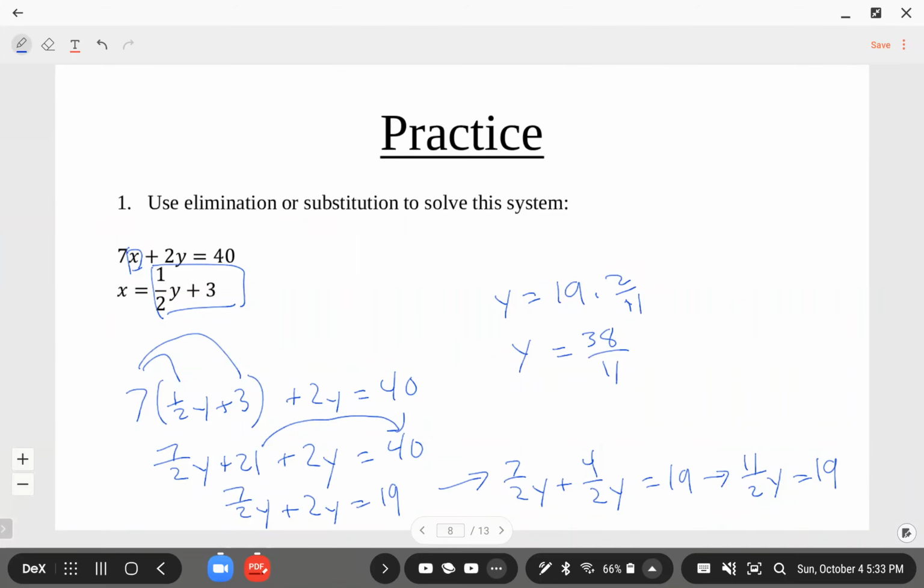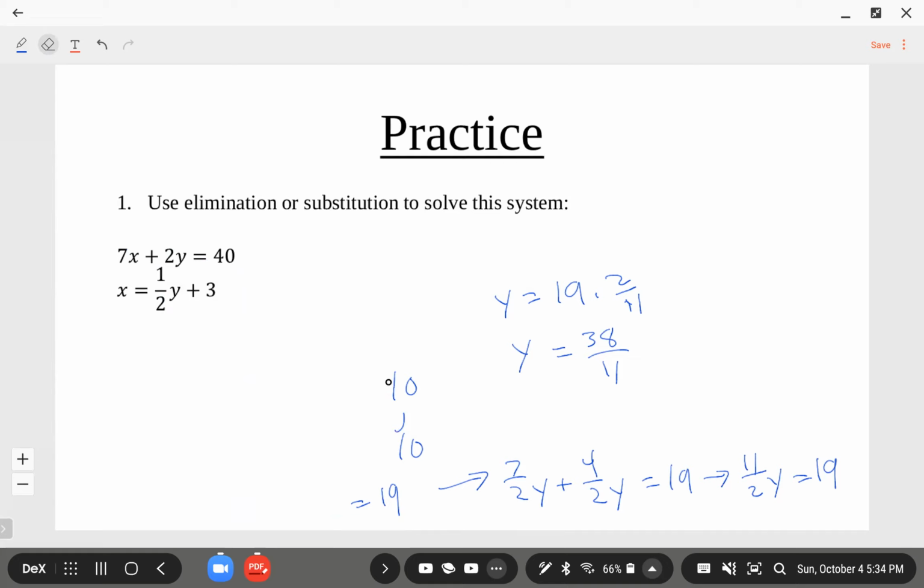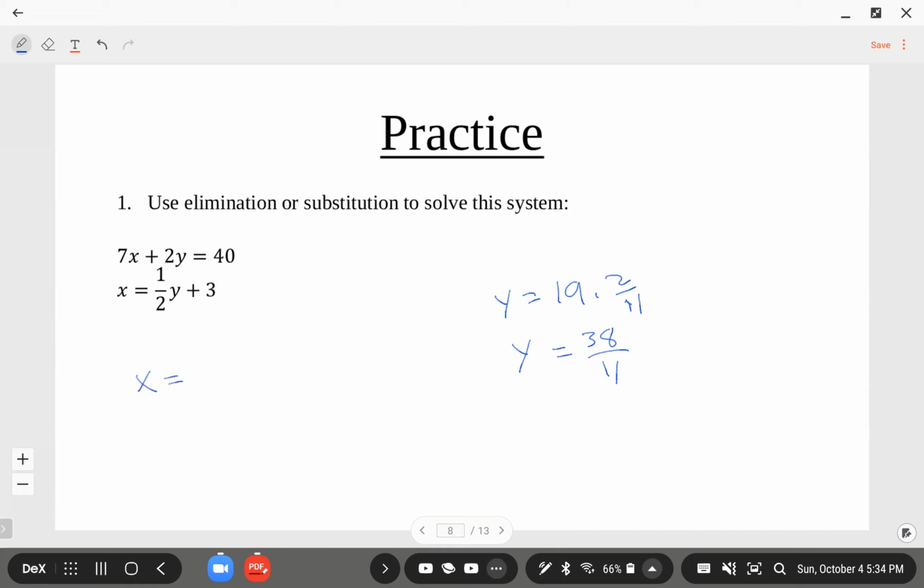So now that we have y, let's erase this. Now that we have y, we can find out x, right? So x equals 1/2 times 38 over 11, because that is what y is.